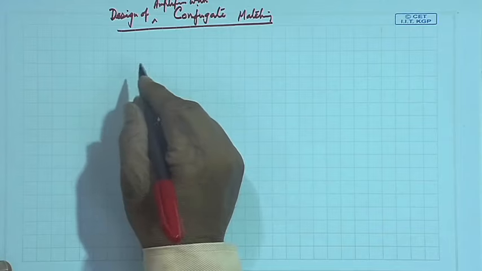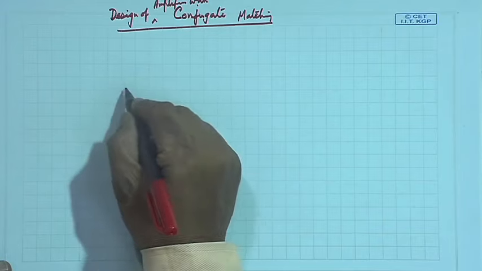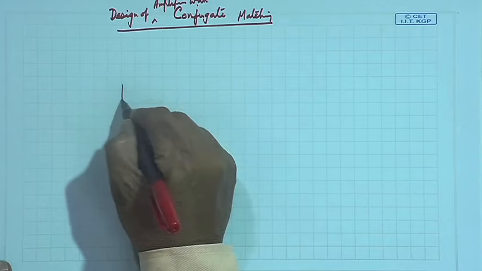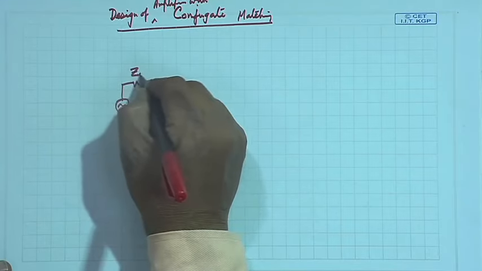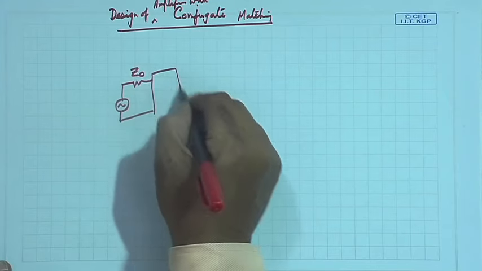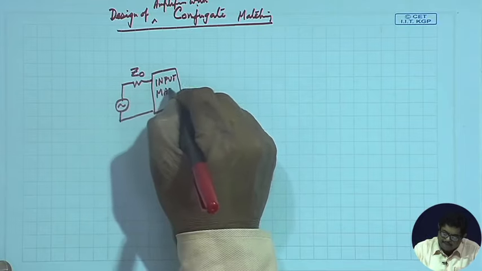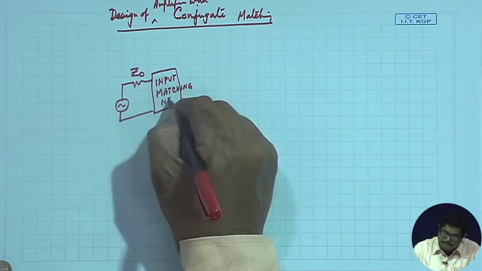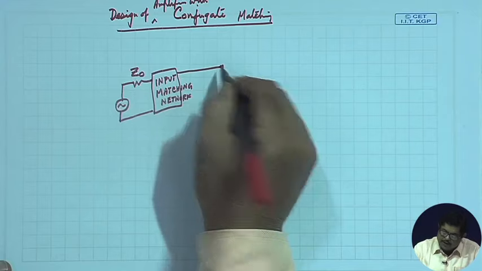Now, if we refer to our original diagram, in the previous class we said that finally under conjugate matching I will have a source, then an input matching network, which is conjugate impedance matching.